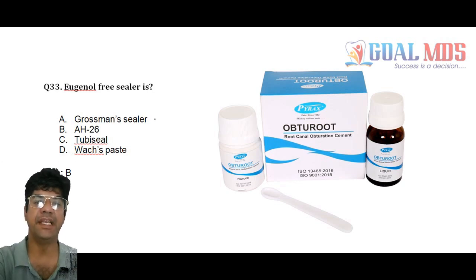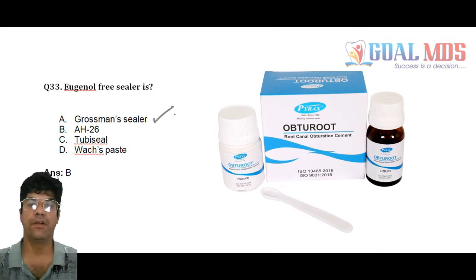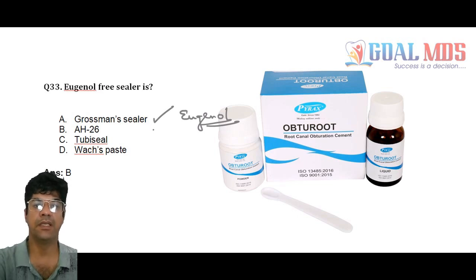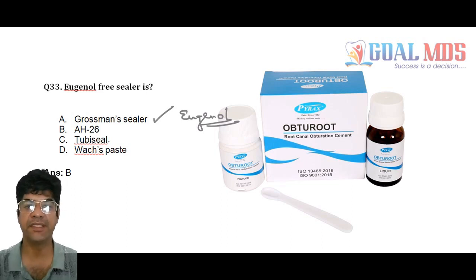The eugenol free sealer is? The first option is Grossman's sealer. It contains eugenol, so it is not eugenol free. Option B is AH26.